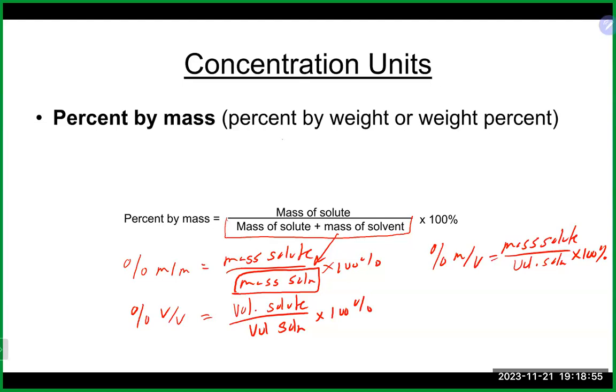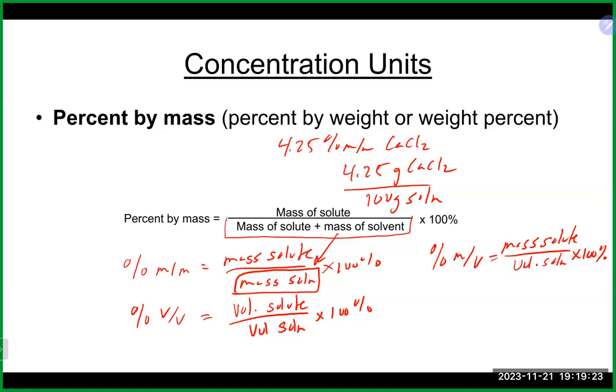Also, if you had a 4.25% by mass solution of calcium chloride, what that means is you have 4.25 grams of calcium chloride over 100 grams of solution that you could use as a conversion factor. And you could do a similar conversion for any of those. Volume to volume would mean you have 4.25 milliliters of calcium chloride in 100 milliliters of solution.